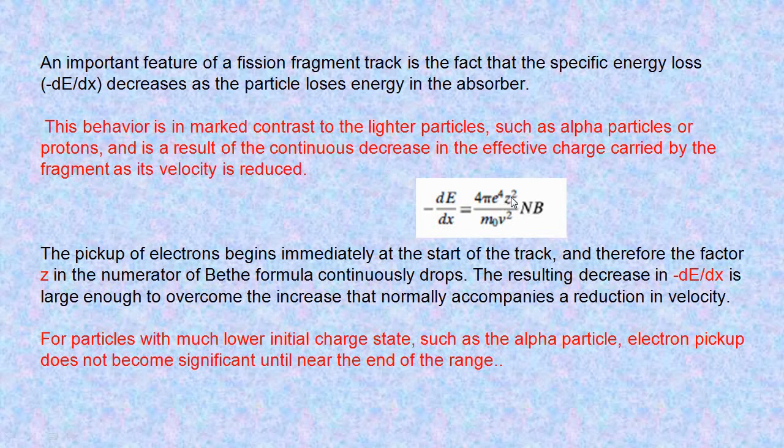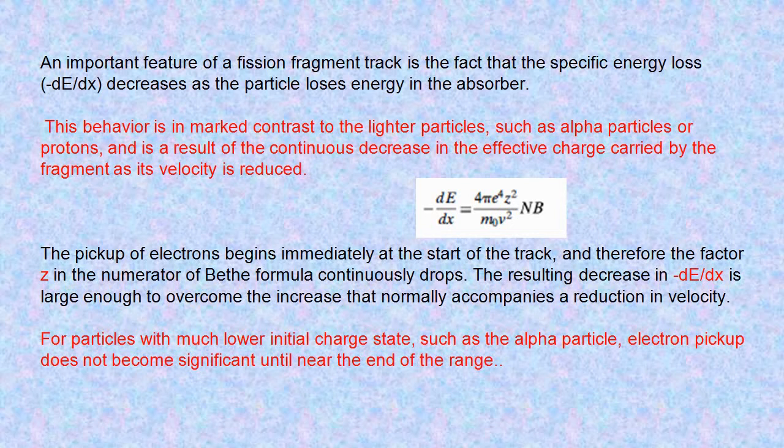But here, this is a heavy ion with a very large positive charge, so it can easily attract electrons. At the starting stage itself, electrons are coming to it. That means its charge is continuously decreasing. That is why you are getting this dE by dx decreased as the particle is entering into the medium.